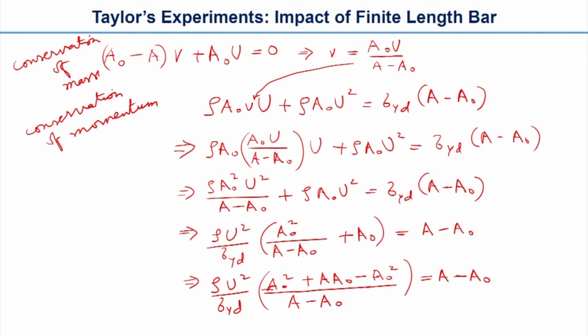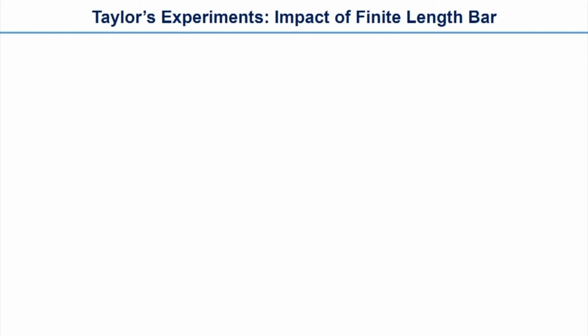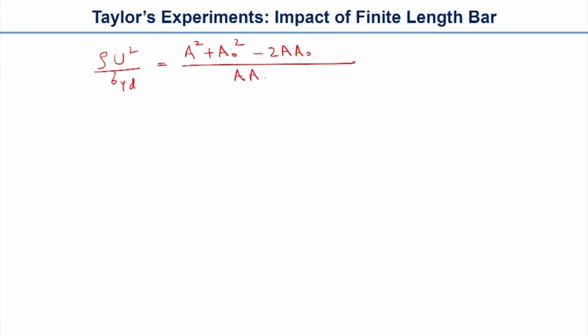Further rearranging, sigma yd equals A square plus A naught square minus twice A naught A naught.